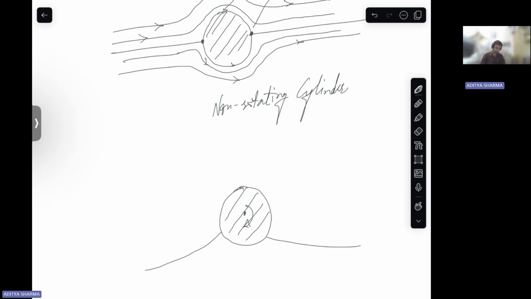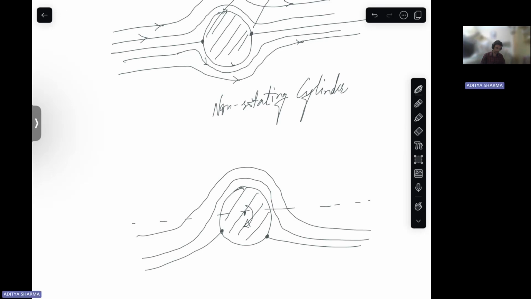In that case, this is the axis. The stagnation point shifts to here, and your streamlines go something like this.